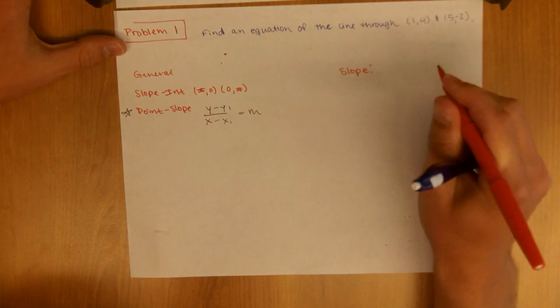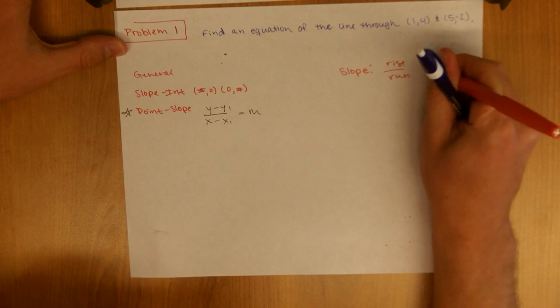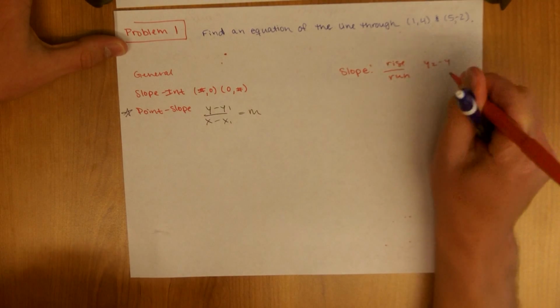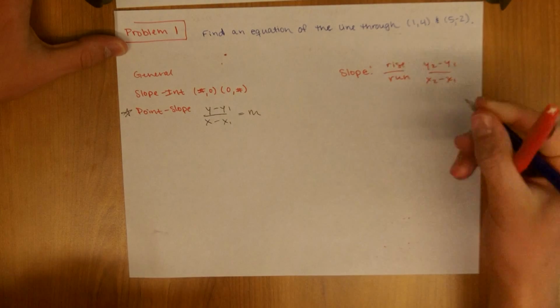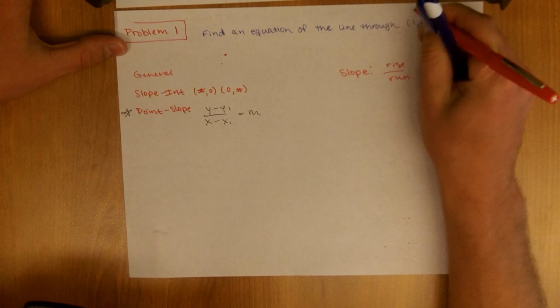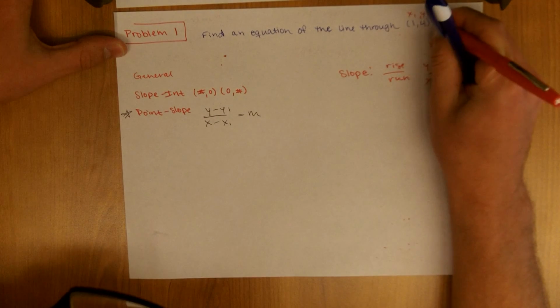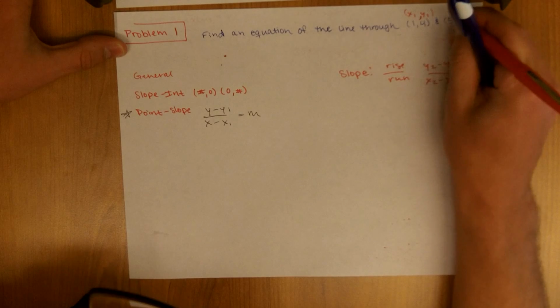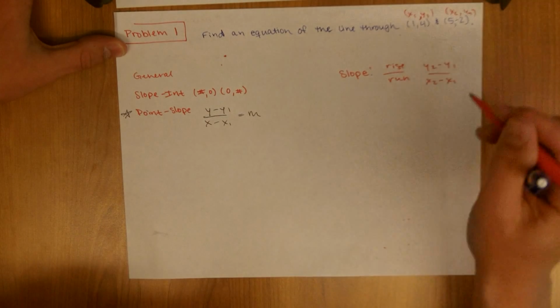To find slope, we take rise over run, so y2 minus y1 over x2 minus x1. So let me just say this is x1 and y1, and this is x2 and y2.